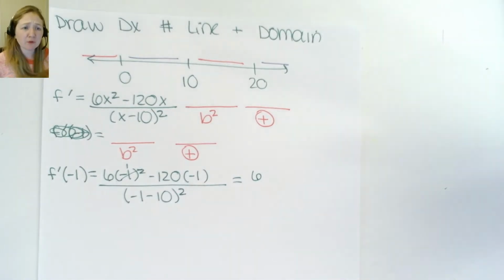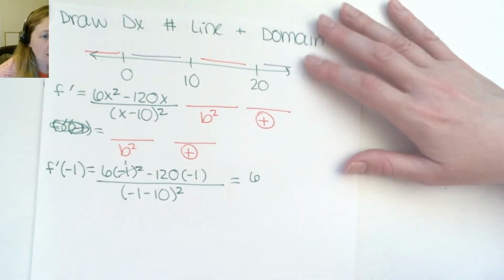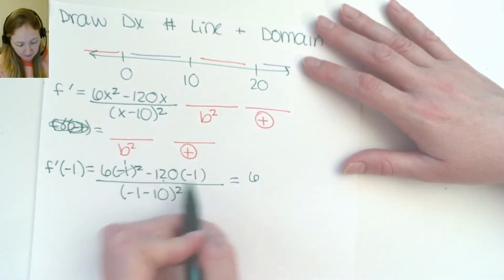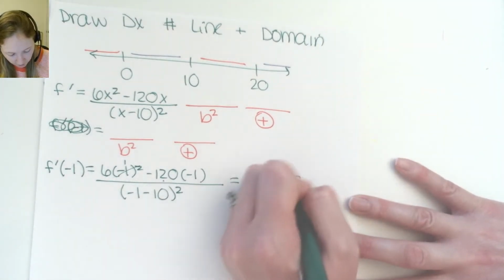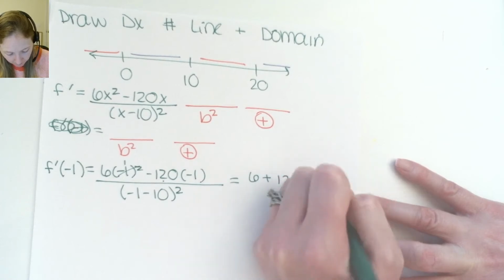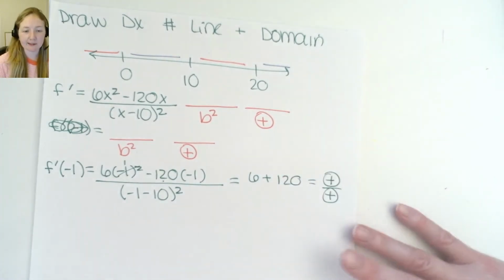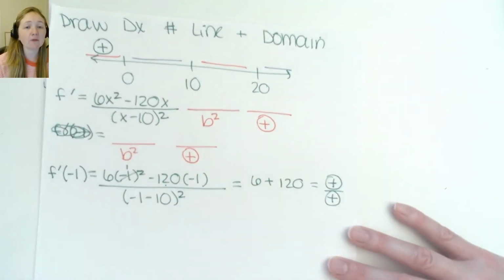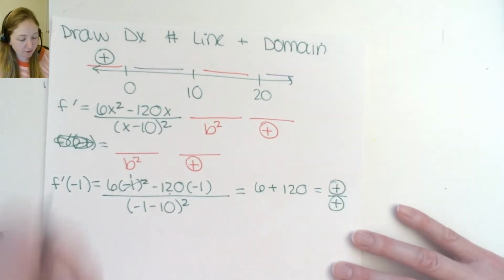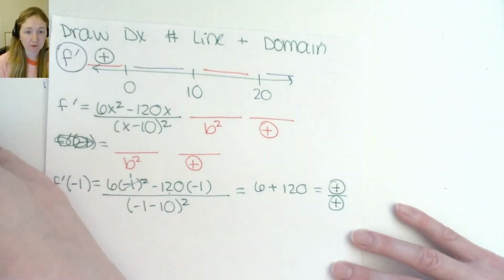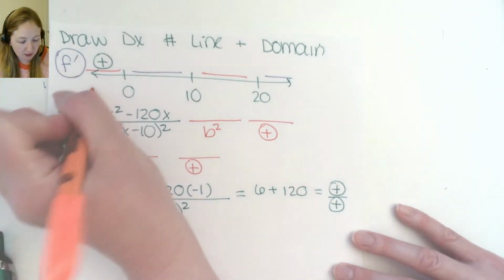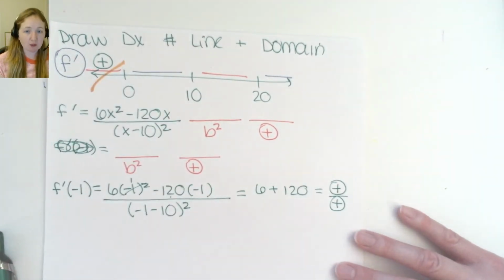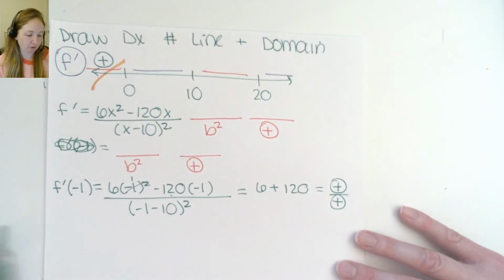And of course, you can put this in on your scientific calculator. That is perfectly fine. And then the -120 times -1 gives us a positive 120. So we are looking at a positive over a positive. Now, that positive tells us information about our first derivative. And when we're working with our first derivative, a positive indicates that we are increasing. So we're increasing on that first interval.